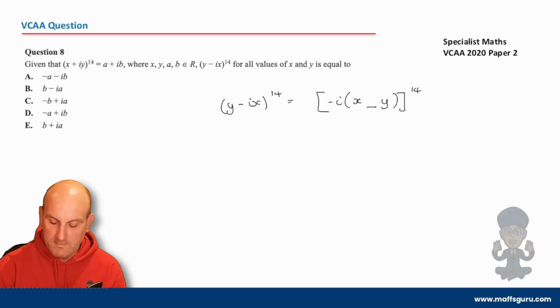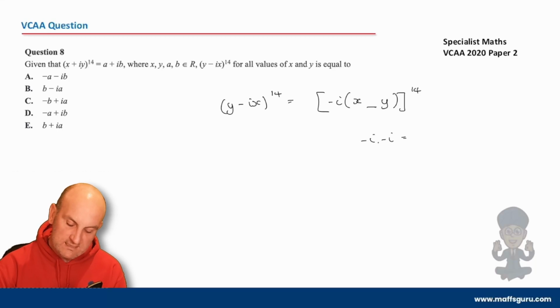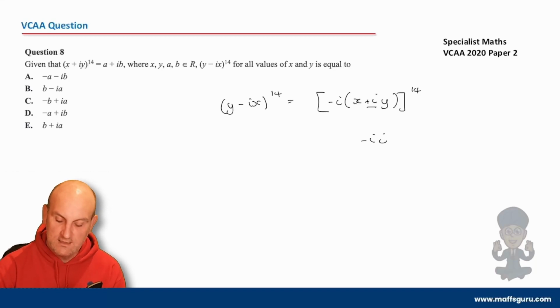I know that minus i times minus i is going to give me plus i squared, which is minus 1. Do I want minus 1? I don't. I want plus 1. So let's take that as just i then. So minus i times i squared is... yep. So in which case I want that as plus iy.